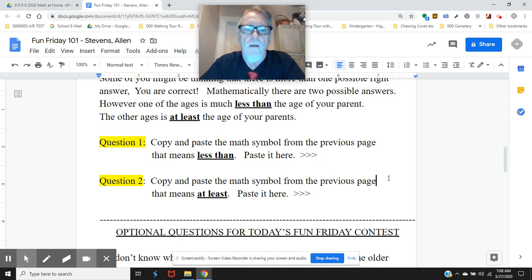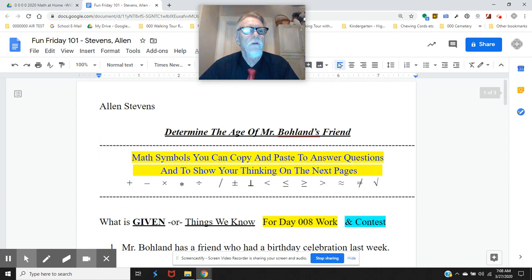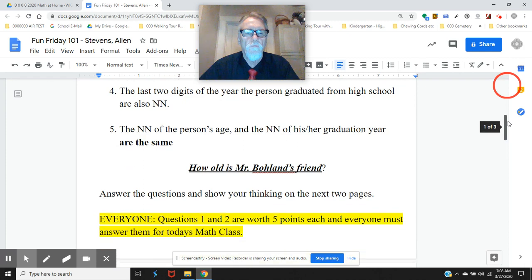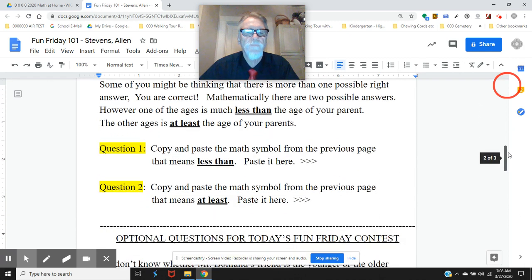Copy and paste it there. If all you're doing is the homework and you don't want to do the competition, then you can share that with me after you've done it. Make sure you do have the file renamed to your name, Fun Friday, and that your name is on the top of the page. Now for the rest of us who want to do the competition.